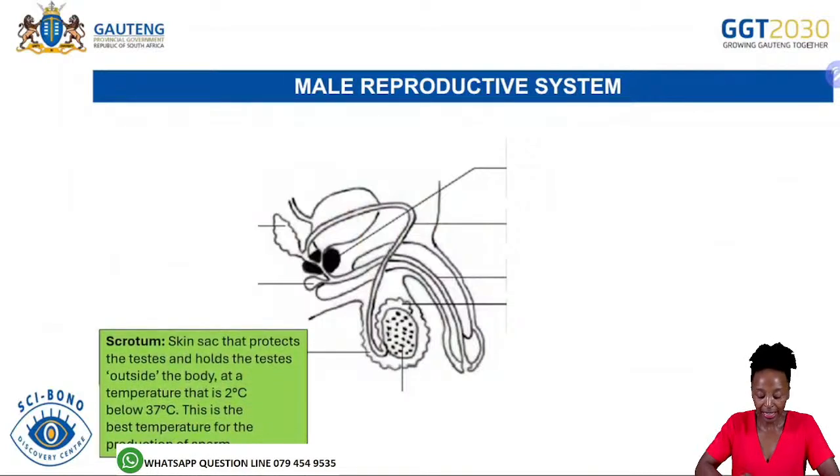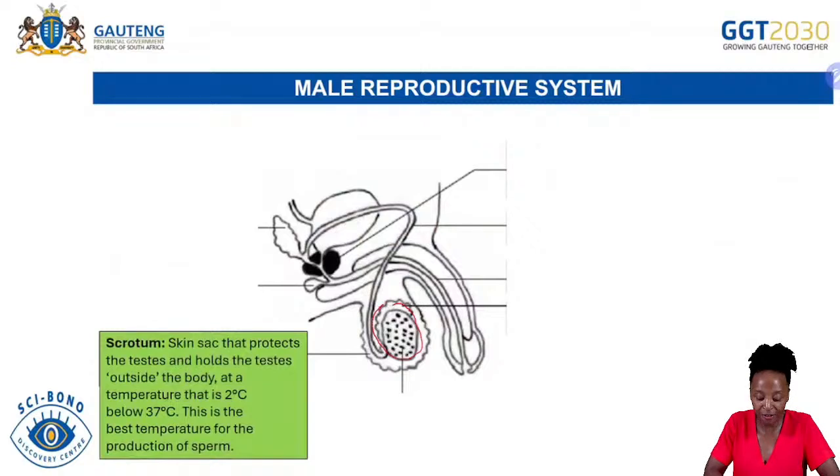So let's start. At the bottom here, we did say the testes or the testicles are found in this structure, which is called the scrotum. So what is the scrotum? The scrotum is the skin sac that protects the testes and holds the testes outside the body.